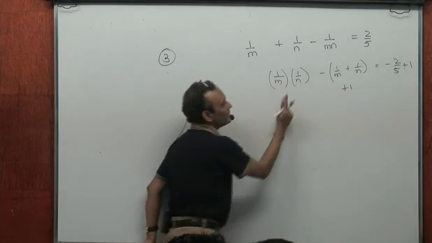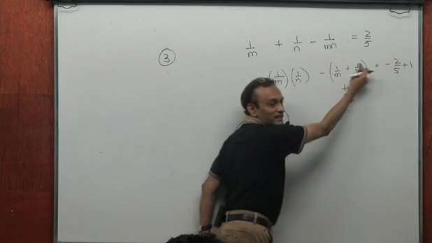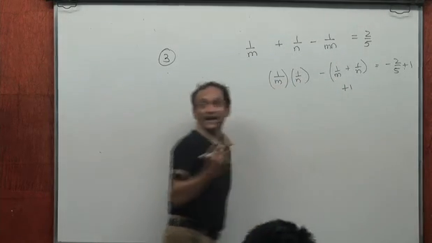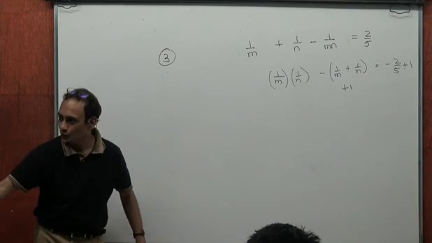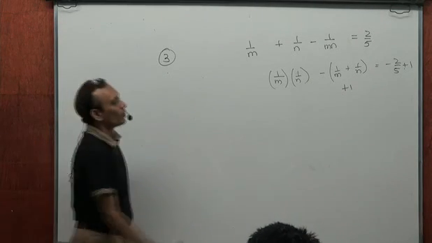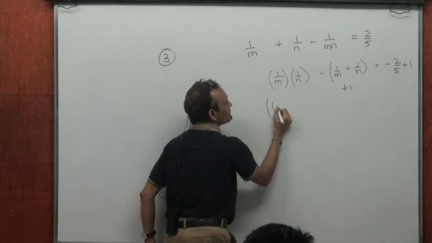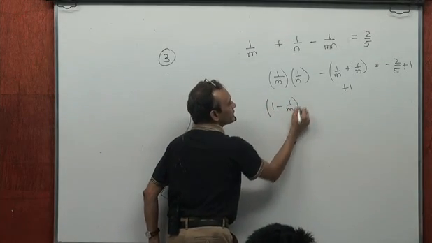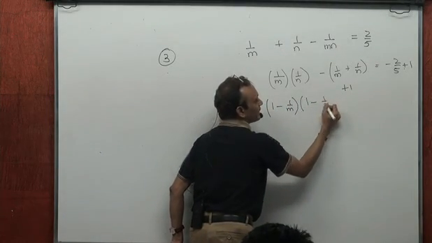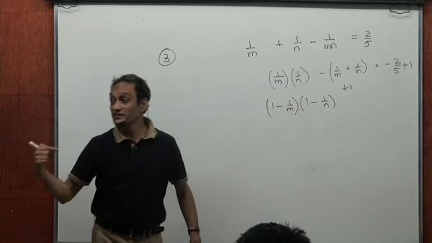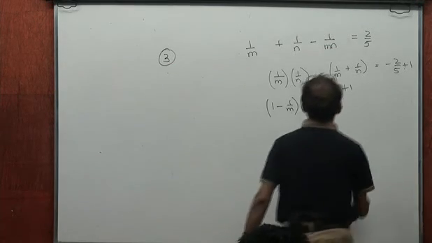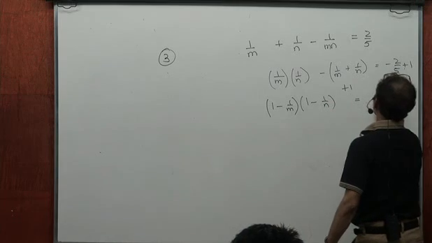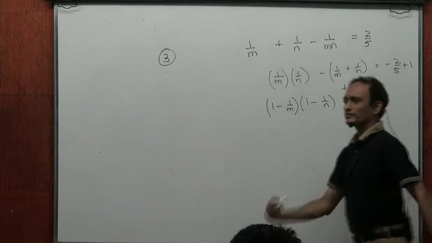Absolutely. See, xy minus x plus y plus 1 is like x minus 1 into y minus 1. Yes or no? Or I could also write this as 1 minus 1 by m into 1 minus 1 by n, the factorization that I told you at the very onset, isn't it? That's equal to 3 by 5, isn't it?